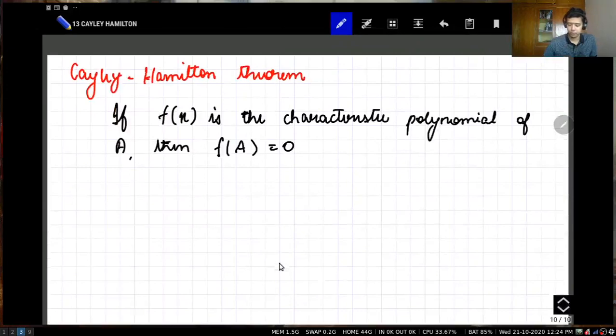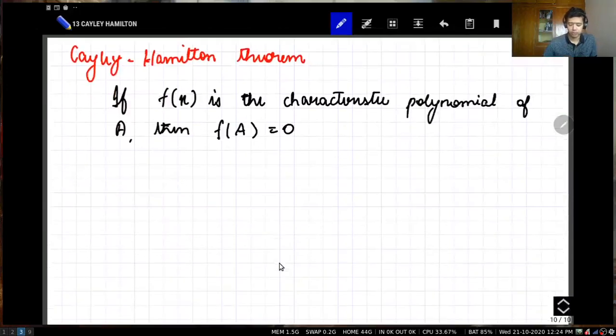Okay. The goal of the next lecture will be to prove the so-called Cayley Hamilton theorem, which says that if f of x is the characteristic polynomial of A, then f of A is equal to the zero matrix.